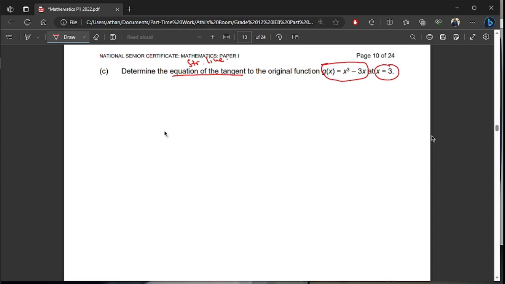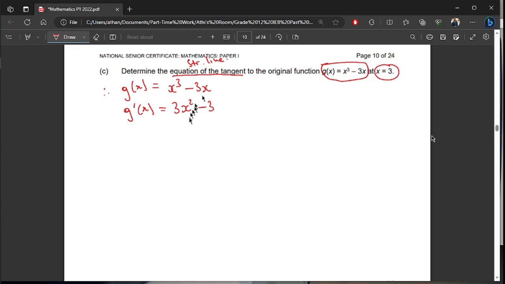Now at x is equal to 3, what do we need? We have our equation g of x is equal to x to the power of 3 minus 3x, and we did calculate the first derivative as 3x to the power of 2 minus 3.